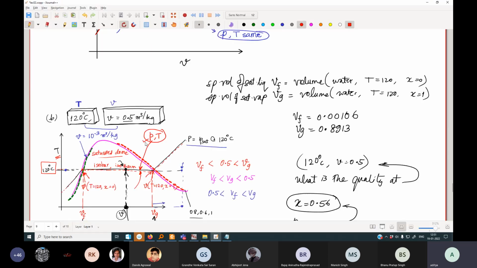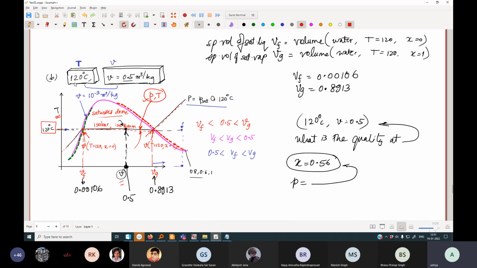So let's see. At 120 degrees Celsius, we must still do this. See, once the logic is clear, how we go about doing it is a different question. We must know what the specific volume of saturated liquid is at 120 degrees Celsius. Let's see.